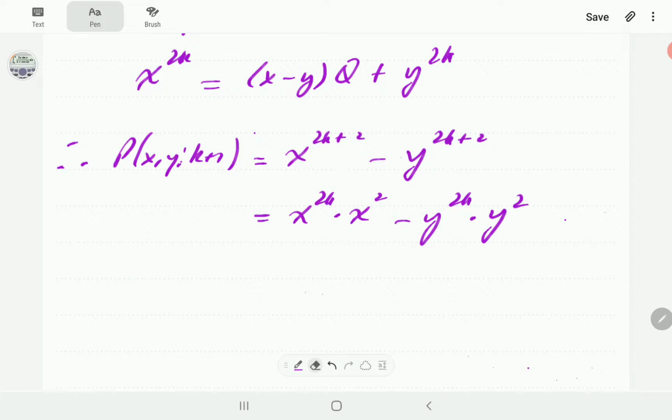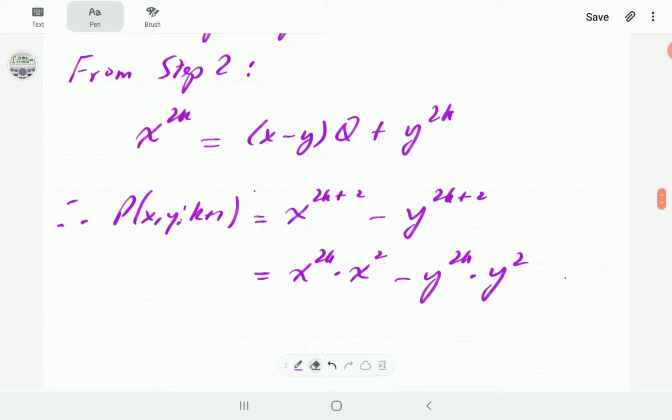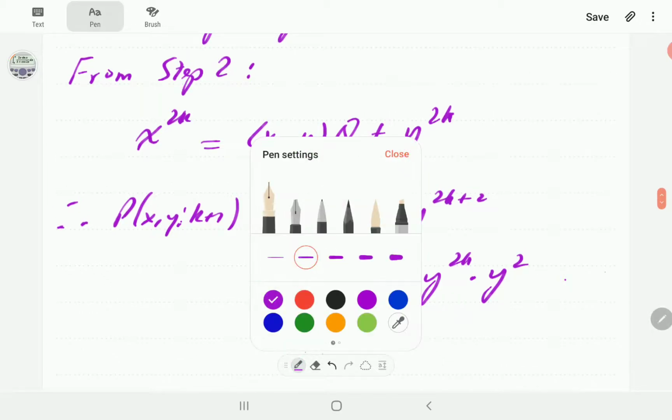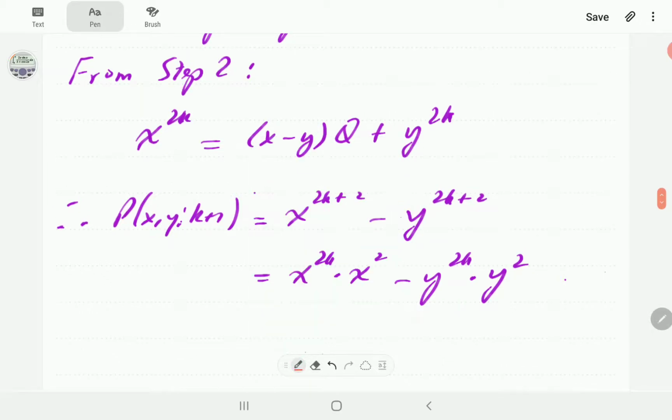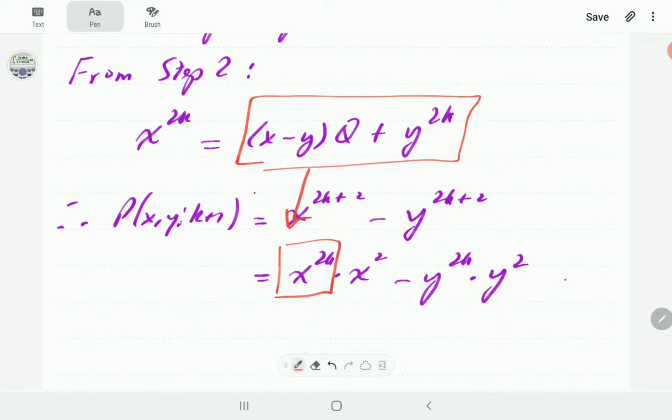Then we are going to take this here, take this and substitute it there.